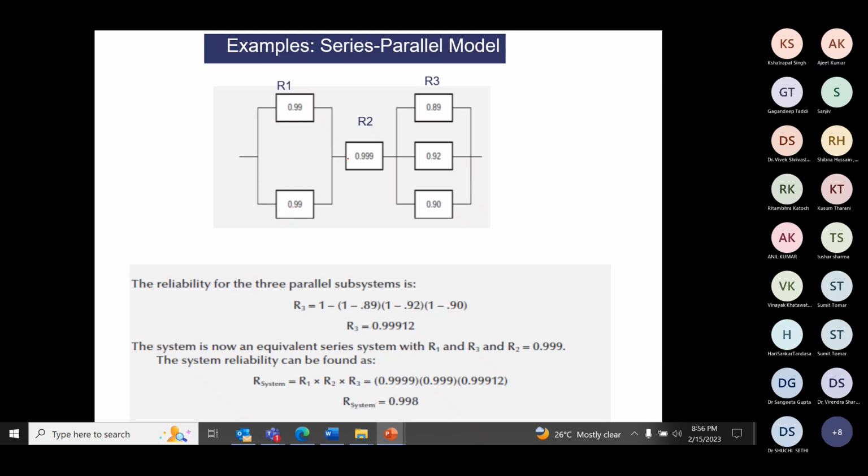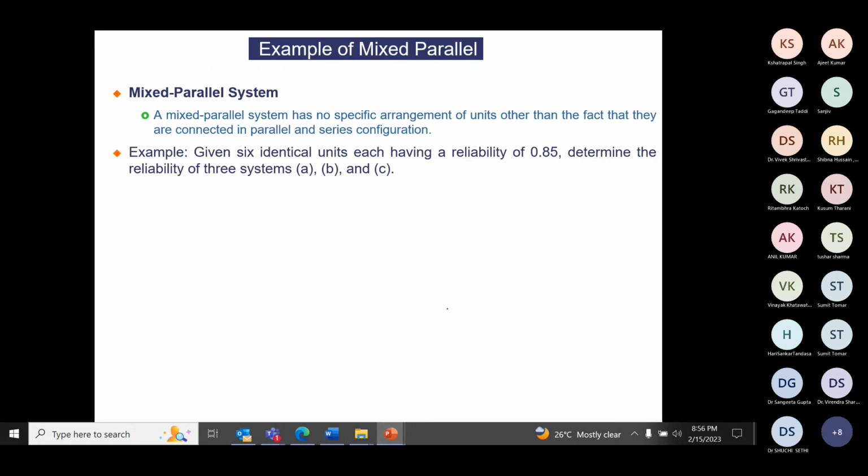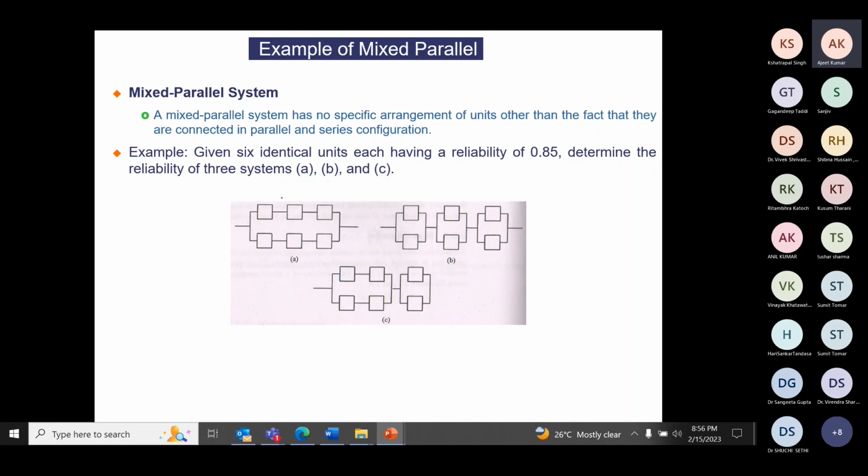Like this way, example: R1, R2, R3. R1, R3 is the parallel. This formula. Now R1 you can do this way, and R1 into R2 into R3. You can find R3 is this. And R1 and R3 like this, you can calculate by the formula. Mixed parallel systems: you can see some examples and solve them just to practice.